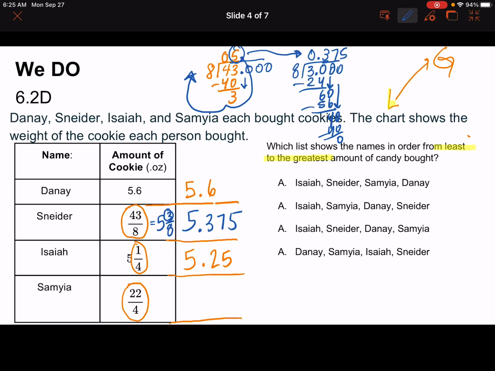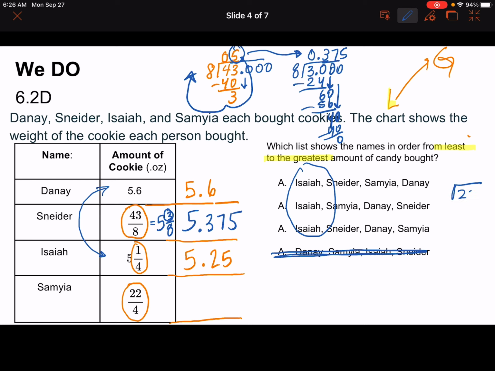Okay, so we know that the smallest so far is Isaiah, between Isaiah and Danae. So this one's wrong. So this next one we've got Samia.